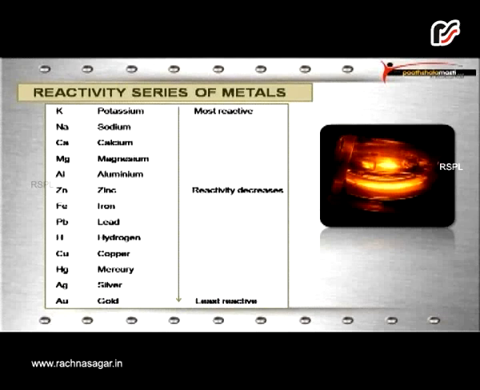And all the metals which are above hydrogen are more reactive than hydrogen. All the metals which are more reactive than hydrogen can displace hydrogen from water and dilute acids, whereas those metals which are less reactive than hydrogen cannot displace hydrogen from dilute acids and water. That is, reactivity goes on decreasing in this reactivity series of metals.